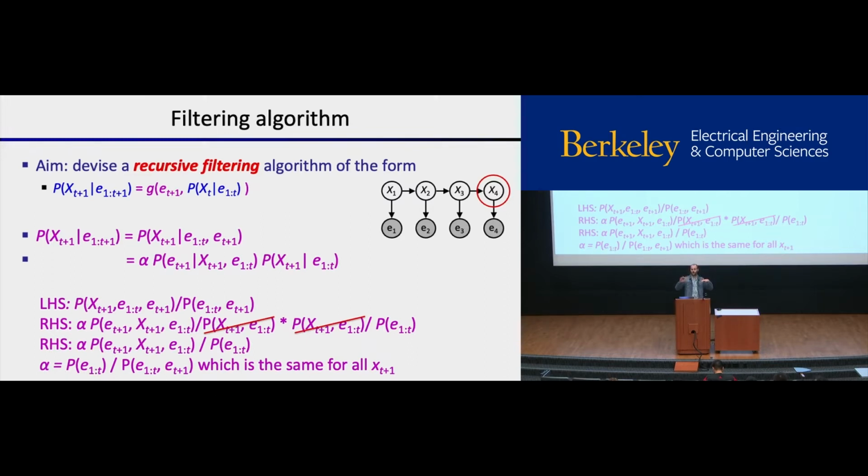But if you scale the one on the right so that they all sum to 1, now all of the values will line up. So this normalizing term doesn't depend on which value of x(t+1) we're looking at. So it's a constant over all of them, which means we can just rescale so they sum to 1 and this will disappear. Okay. Or you could just call this Bayes' rule if you prefer, but this is just getting into the math a little closer.